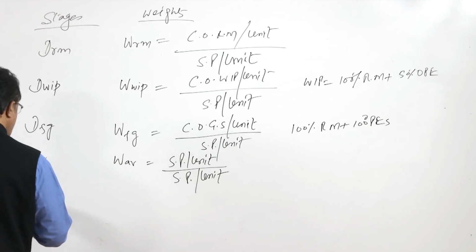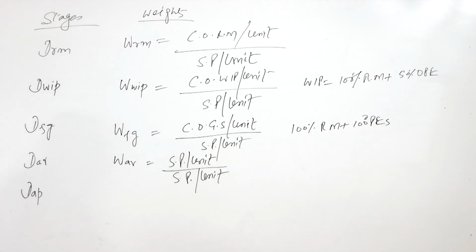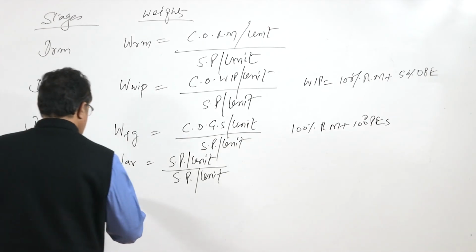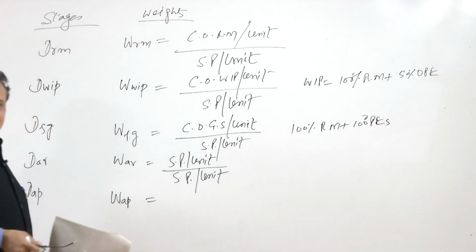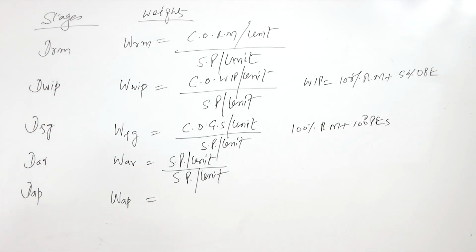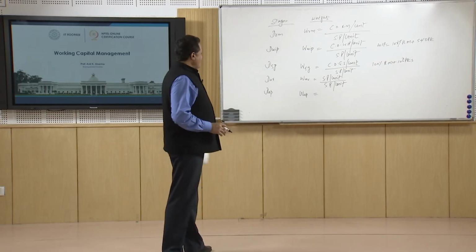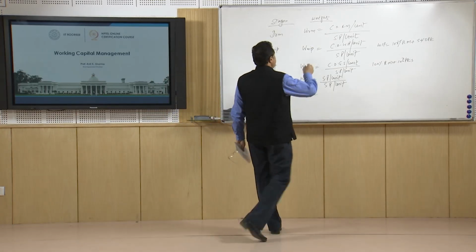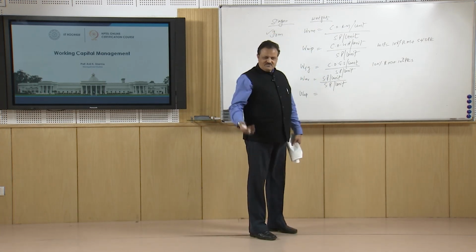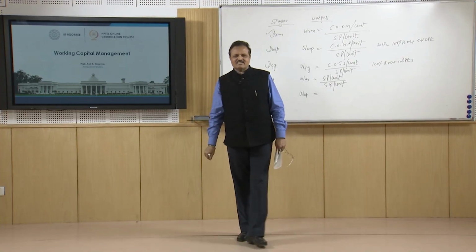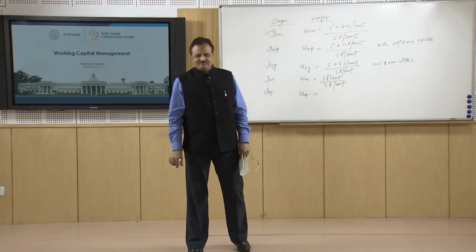And the last weight we have to calculate is for the DAP, the duration of accounts payable stage, and the weight is WAP. Accounts payable normally come into existence because of what? It is only because of the raw material, because we buy raw material on credit, or the raw material is supplied on credit by suppliers.